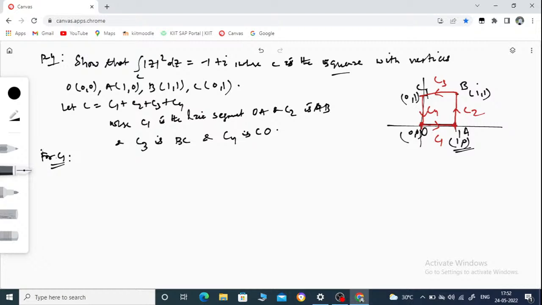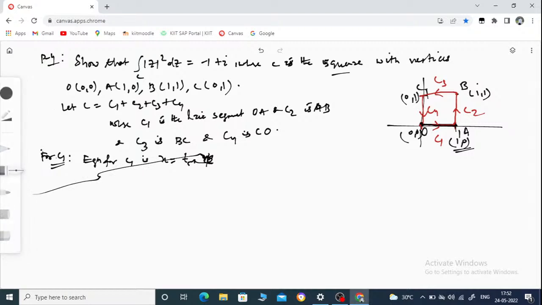C1 is the line segment joining O to A. So what will be the equation of C1? The equation for C1 is x is equal to t and y is equal to 0.